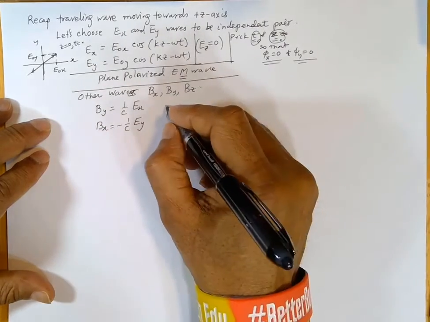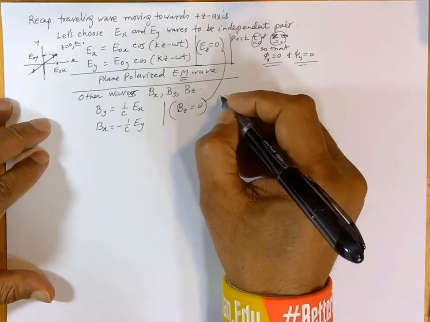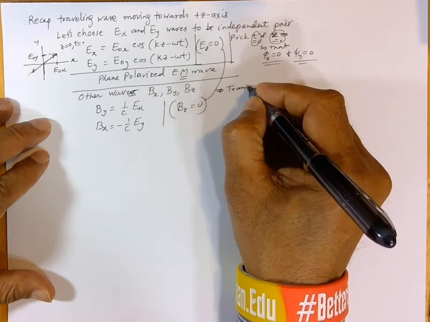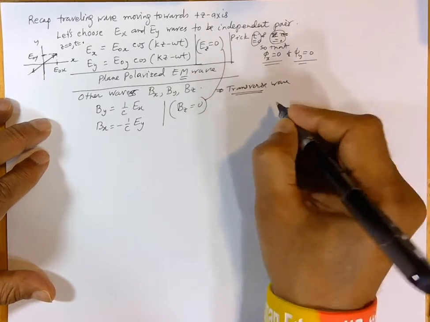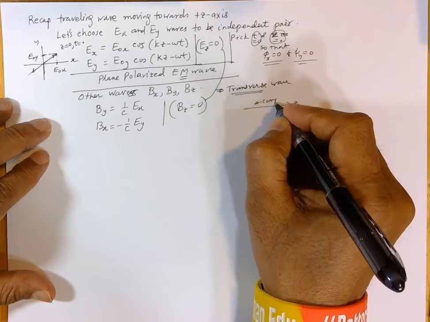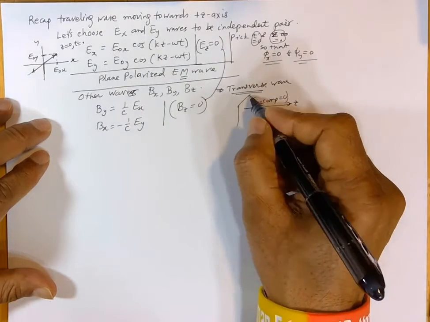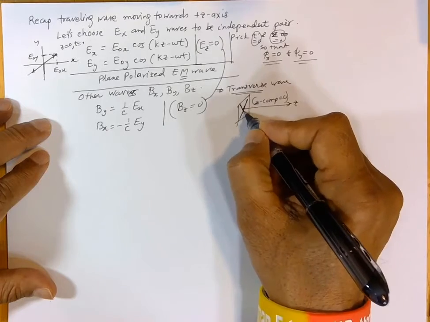We just showed that. And Bz equal to 0. So these two mean transverse wave. Why do I mean transverse? It's going towards the z-axis, and z component is 0, right? So only x and y comes. So the electric field and magnetic fields are like here.